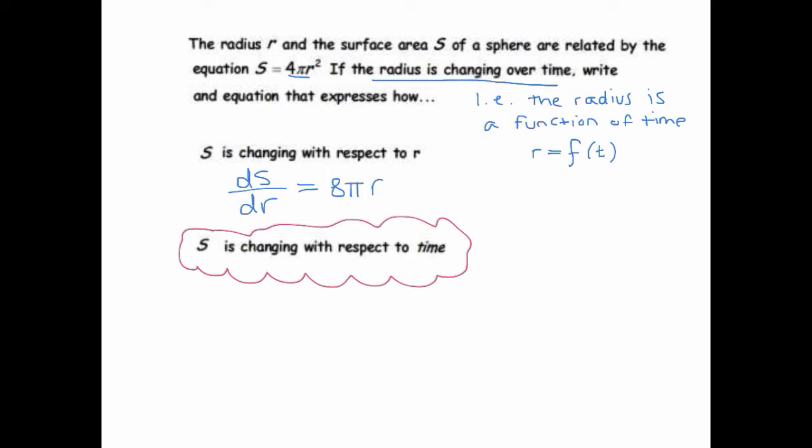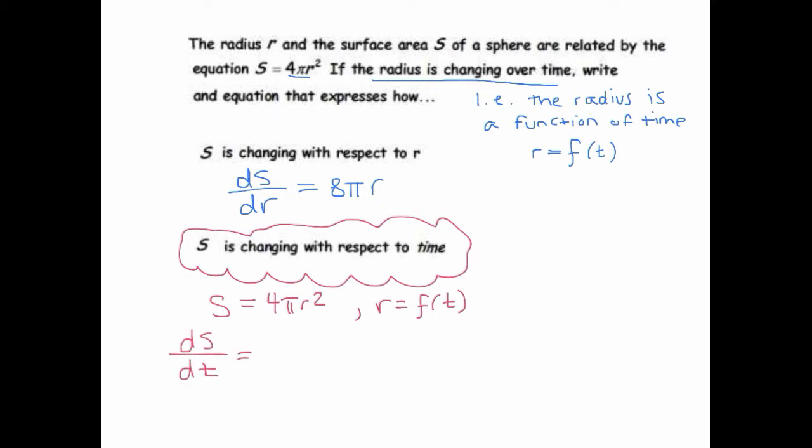Now here is the whole reason I'm doing this video. S is changing with respect to time. What's that rate of change? Well, since s is a function of r, and r is a function of time, if we want how s is changing with respect to time, we want ds dt.